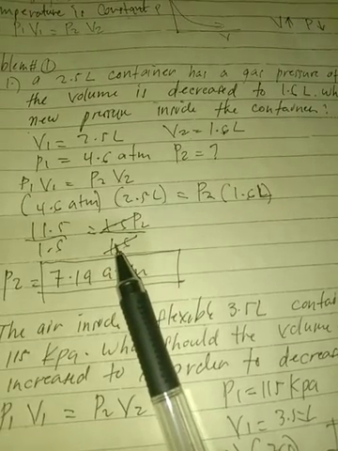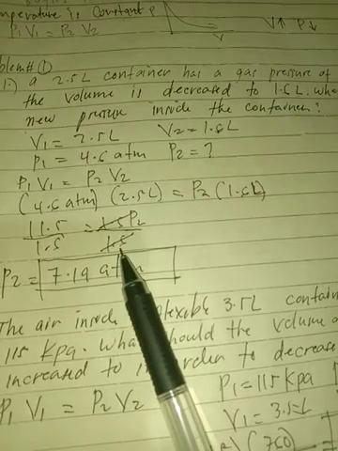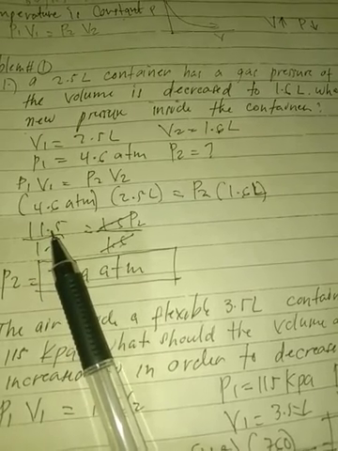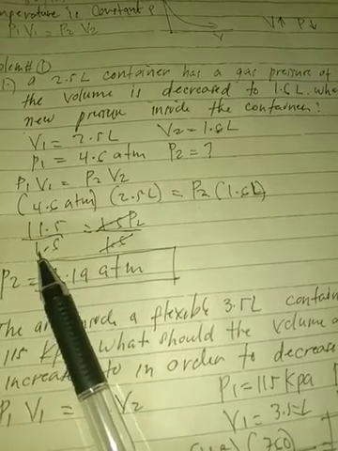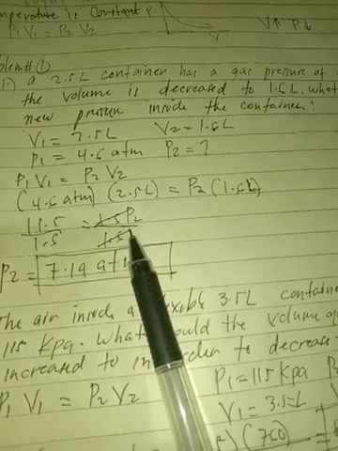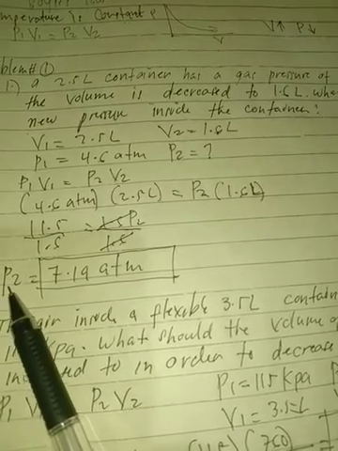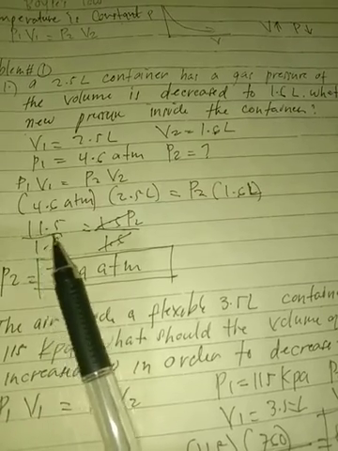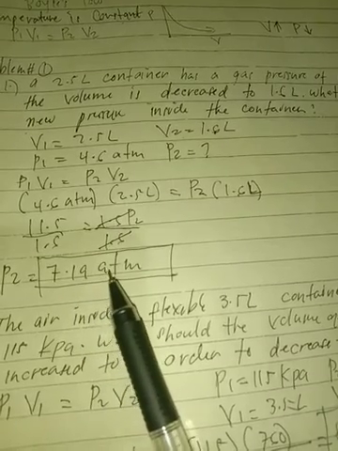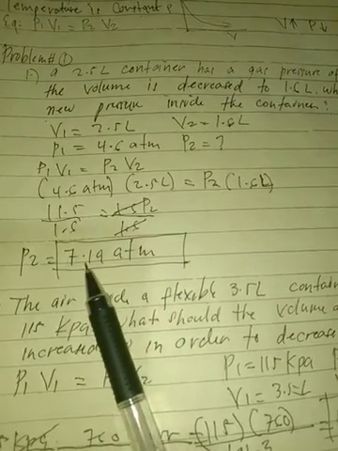Write down here, pressure 2 equals 115 divided by 1.6. The answer is 71.9 atmosphere. So this is our answer in problem number 1 according to Boyle's law.